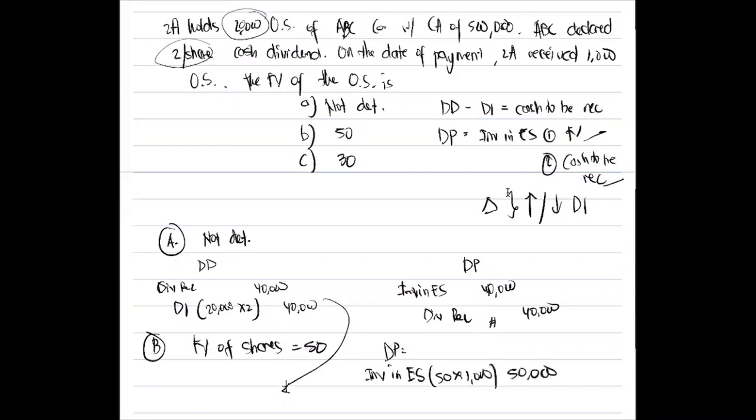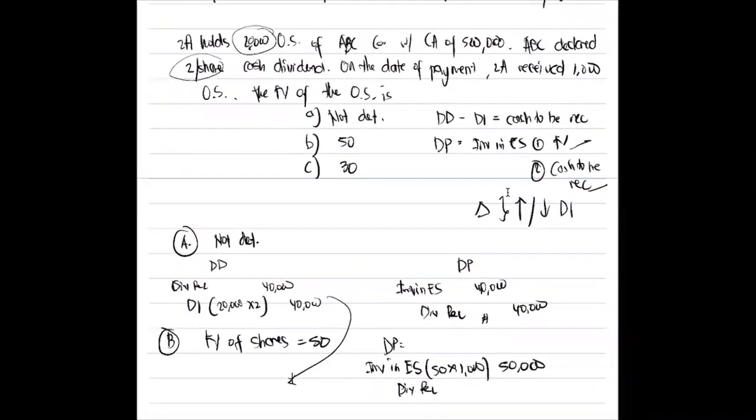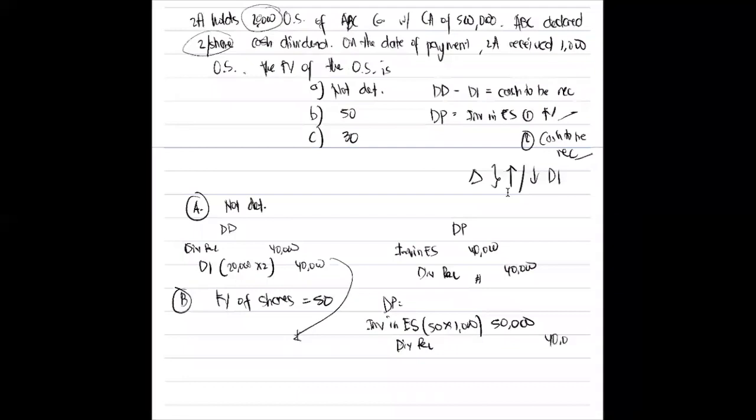How much? 50,000 pesos. You remove dividend receivable amounting to 40,000. There is a difference of 10,000. Sabi natin, the difference of 10,000 will either increase or decrease your dividend income. So this will be your dividend income. Okay? So in short, if you're asked, what is the dividend income in your shares in lieu of cash?